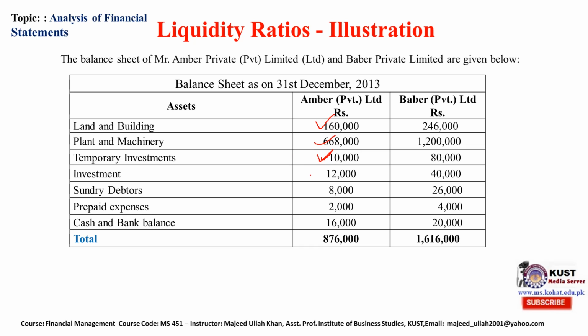So investment, there is long-term investment, sundry debtors, prepaid expenses, cash and cash balances. We don't have inventory in both companies. Calculate current ratio, quick ratio and cash ratio.